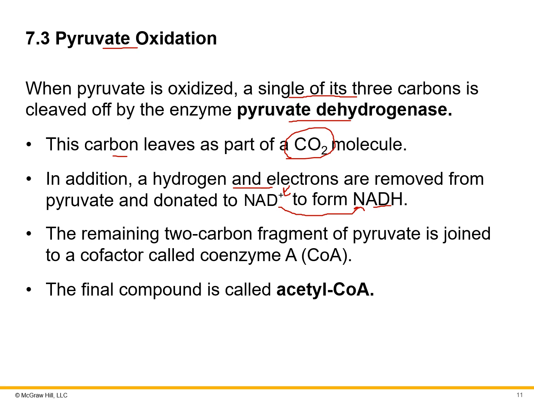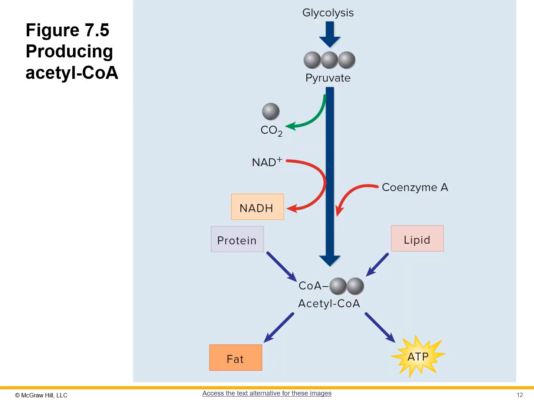Now those remaining 2 carbon fragments, because again, one came off to make carbon dioxide, the 2 carbon fragment that's left joins with a cofactor, a helper enzyme called coenzyme A, and that ultimately produces acetyl CoA. So the 2 carbon fragment is acetyl, and then that coenzyme A that was added gives us the CoA.